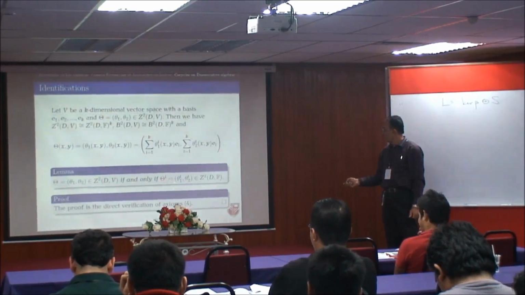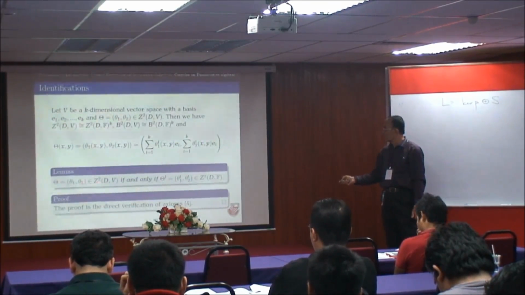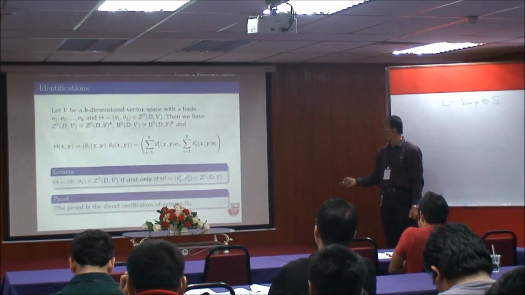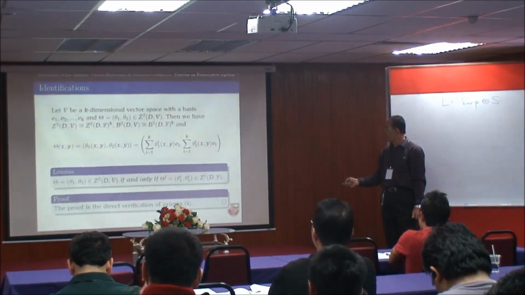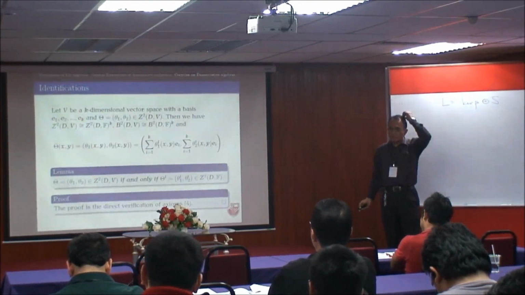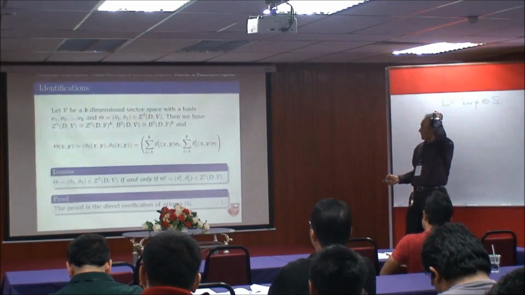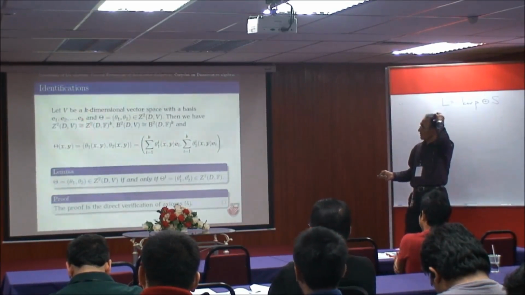But here, for theta 1i and theta 2i, for each of them we have components. So this is a cocycle if and only if they are cocycles. Here cocycles with values in V, here cocycles with values in F. So you can get such an identification.